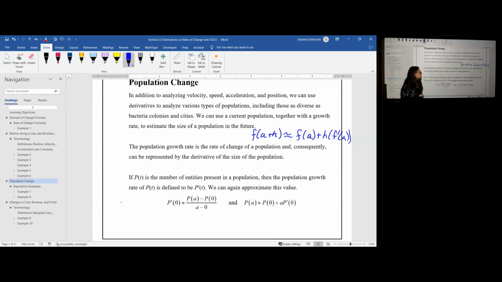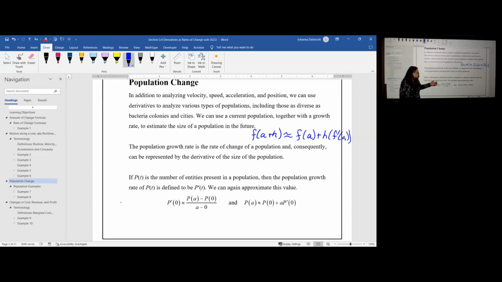This is the equation that we did earlier to represent this new value. When we're looking at population, we'll let P of t represent the number of things in the population, people, maybe bacteria, something like that. It could also be the number of deer that live in a certain forest or area.